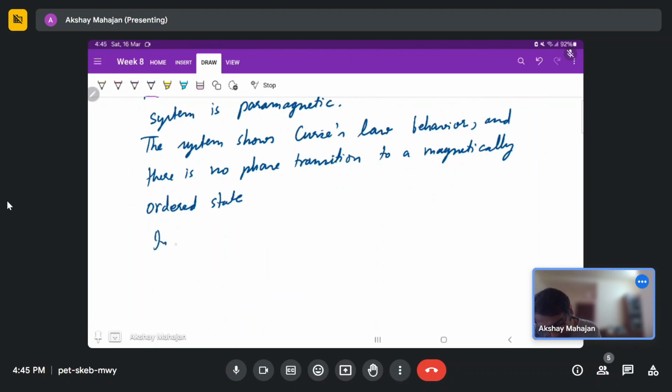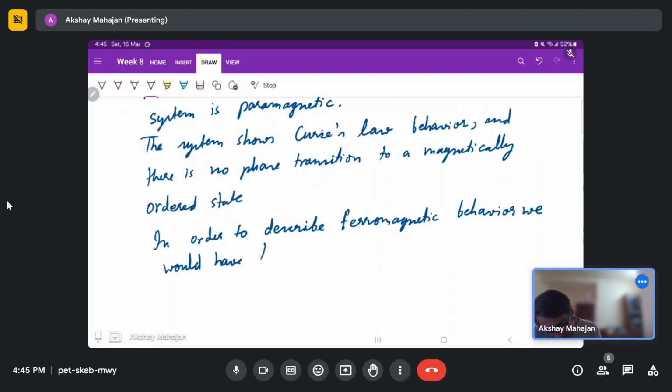But if we want magnetic order, in order to describe ferromagnetic behavior, we would have to add interactions to our model.